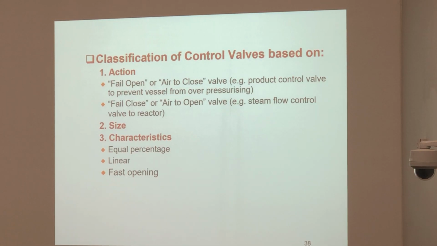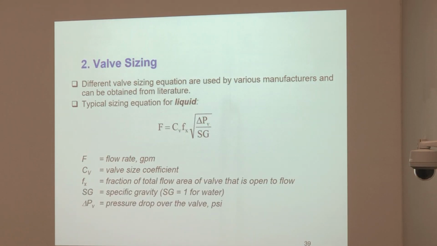Valve sizing is very important. Still remember this formula. F equal to CV multiply Fx multiply square root of delta P divided by Sg. F is the flow rate, and the flow rate must be in gallon per minute. So any flow rate given in meter cube per hour, please convert to gallon per minute.